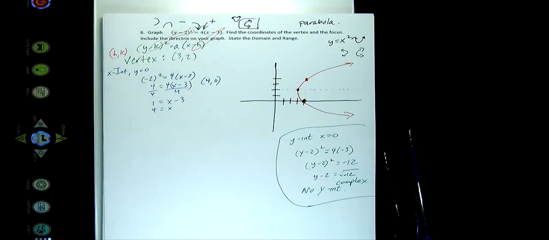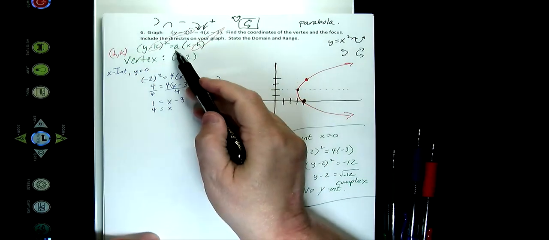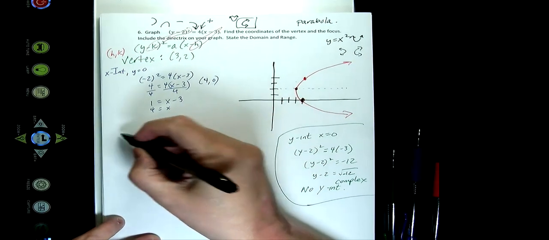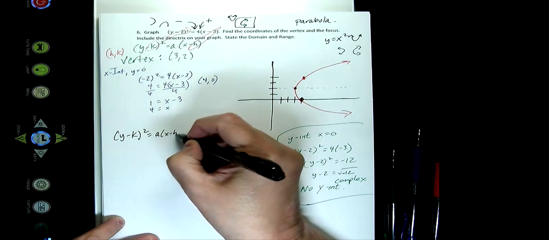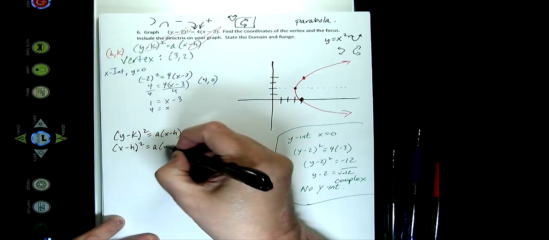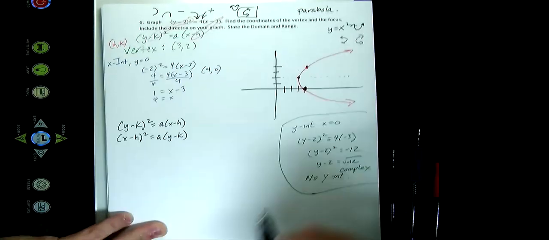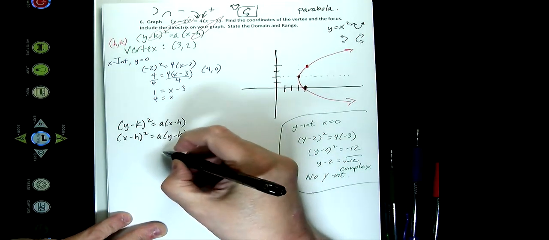We need to find the focus. How do I find the focus? How do I find the directrix? The focus and the directrix came in 2 flavors. If we have it listed like we do here, either (y minus k) squared equals a times (x minus h), or (x minus h) squared equals a times (y minus k), in both of these setups, we can set a equal to 4p.